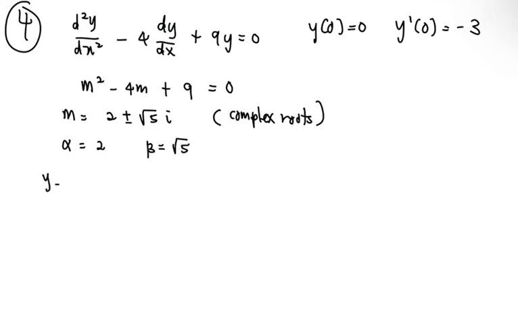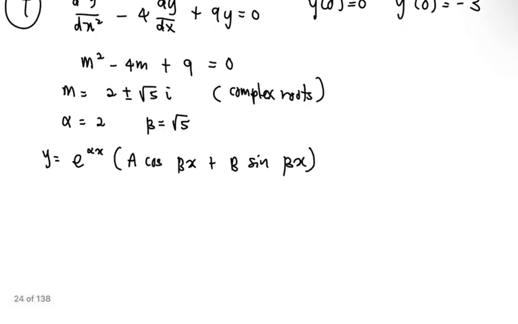So the solution will be e to the power alpha x, times a cos beta x plus b sin beta x. So we have e to the power 2x times a cos root 5x plus b sin root 5x.